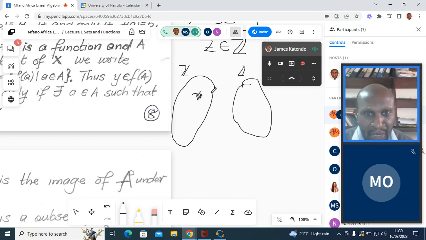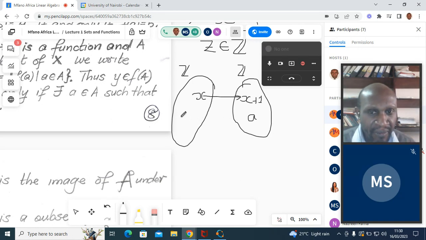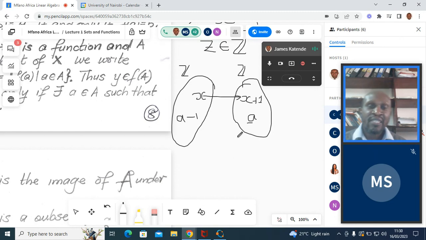So what this map does, anything from here, it sends it to x plus 1. So the question is, if I pick any number from here, suppose I pick a from this side, what number will be sent to a? If I pick a minus 1 from that side, then definitely if I add 1 to a minus 1, I will get a.